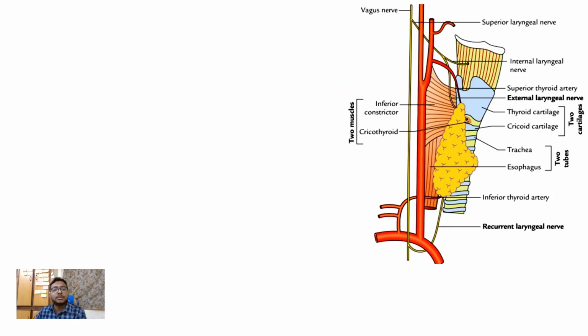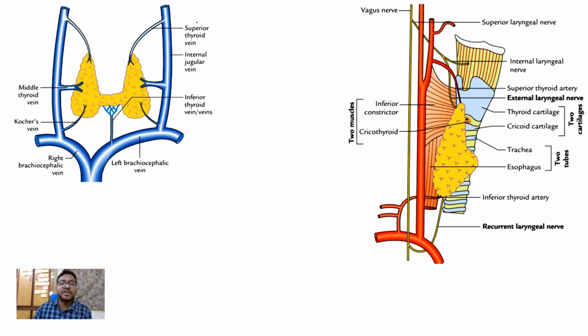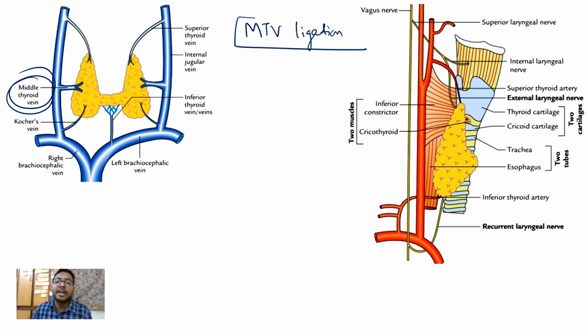Right. So once you open the pretracheal fascia, you encounter the thyroid gland. The first vessel we ligate is the middle thyroid vein. Let's say we are going to do a hemithyroidectomy; you will go on that side, and the middle thyroid vein is ligated and divided.